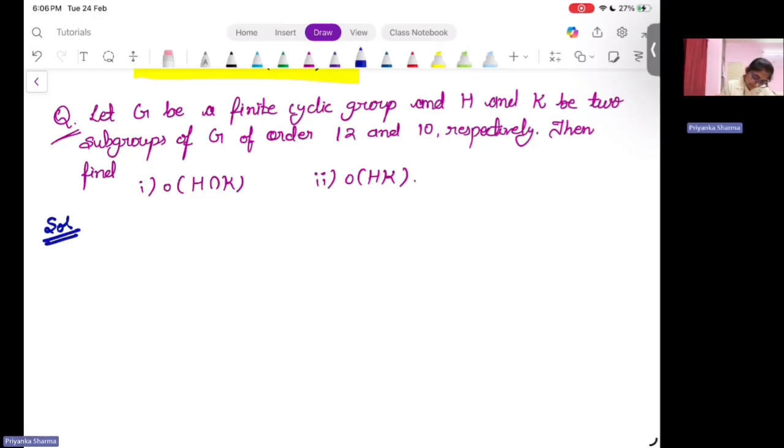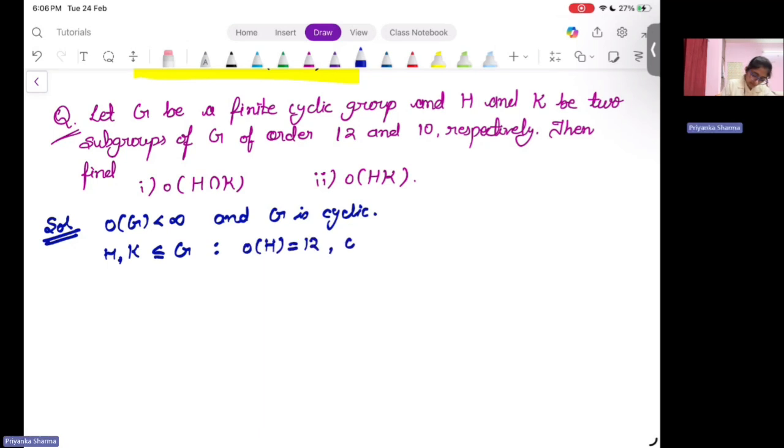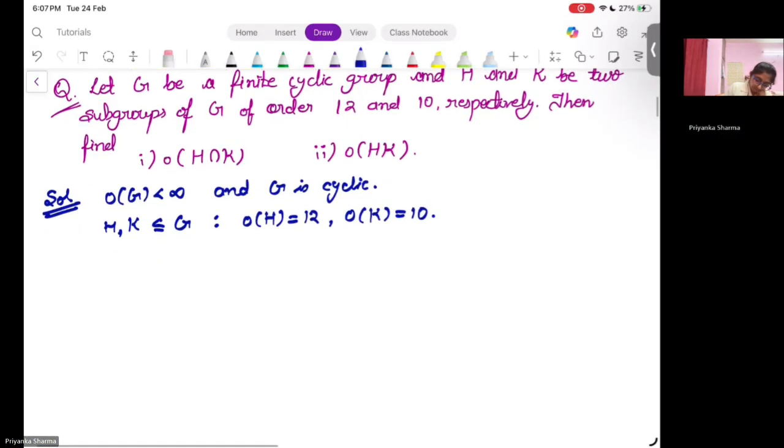That order of G is finite and G is cyclic. Okay, and H and K are subgroups of G such that order of H is 12 and order of K is 10.